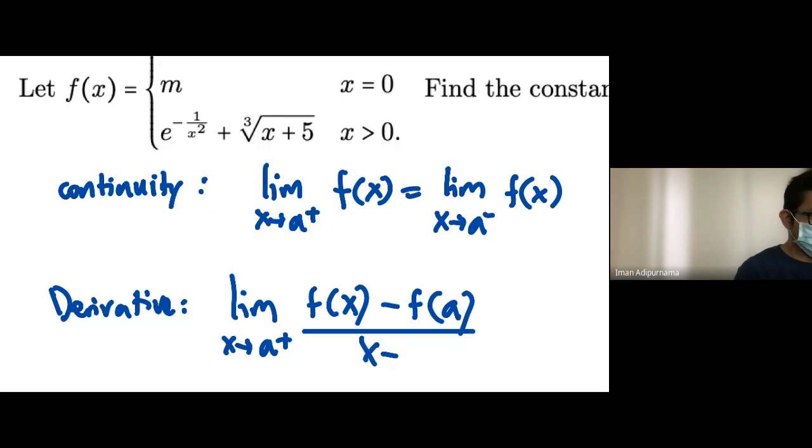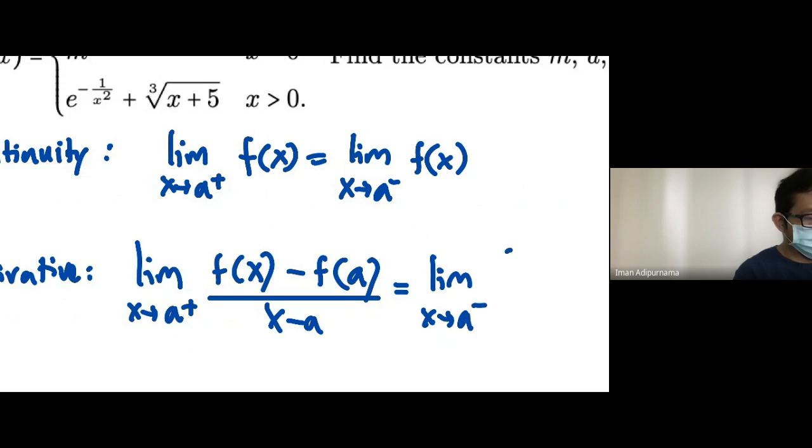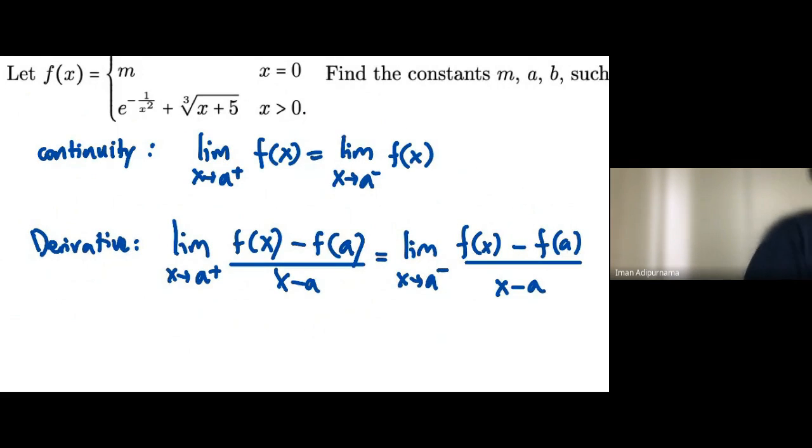It is also to check this because it said it's differentiable everywhere. So you need to make sure that this definition is correct. Basically, within these two very basic formulas in the limit, we check continuity and check differentiable everywhere, meaning you can derive using this limit definition from the left or right.